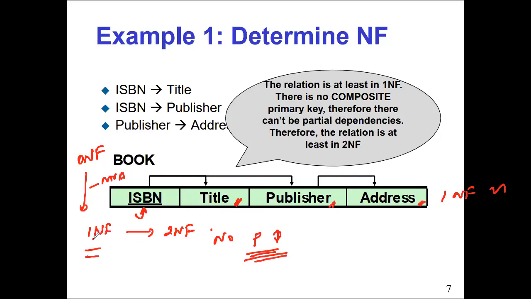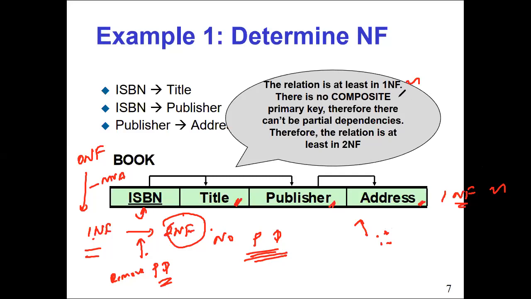Now from 1NF to 2NF, the activity is removing partial dependency. If you remove the partial dependency, it will be 2NF. Now this is already removed, because you don't have any composite primary key here. So simply you can say the relation is at least in 1NF. That we already know.